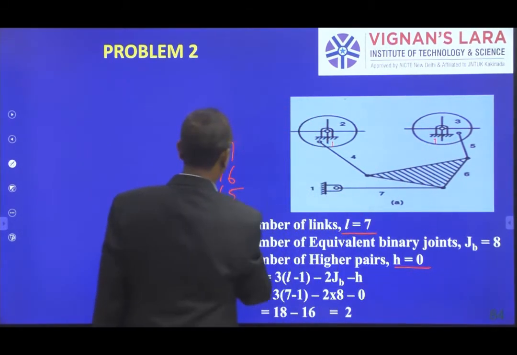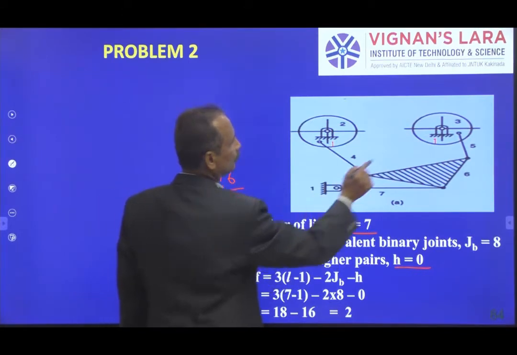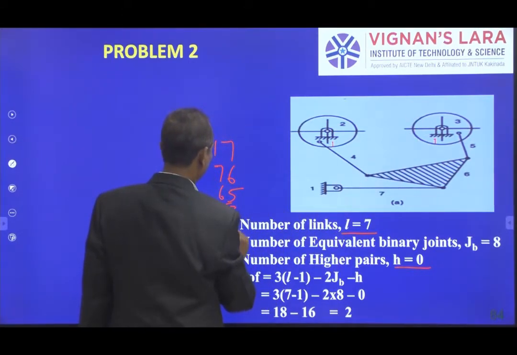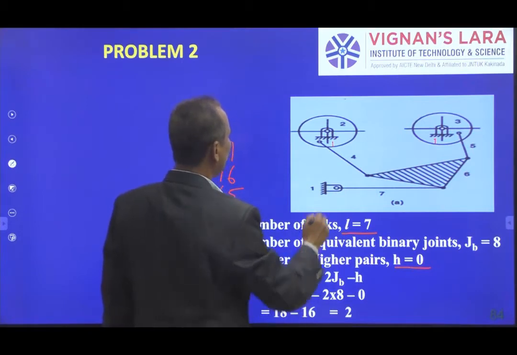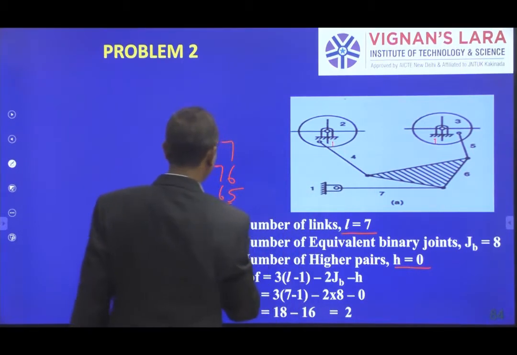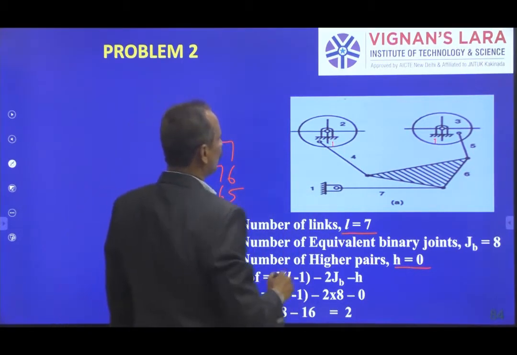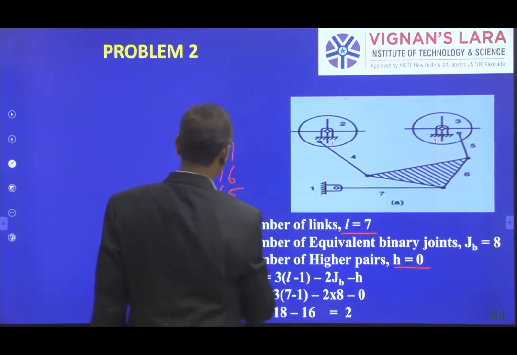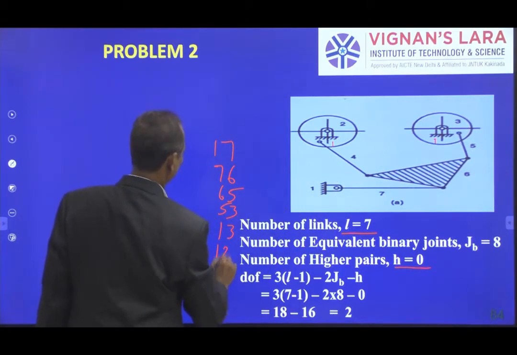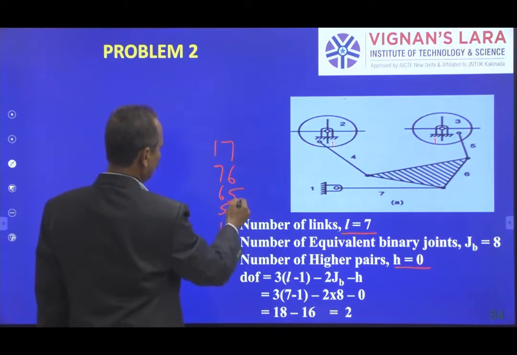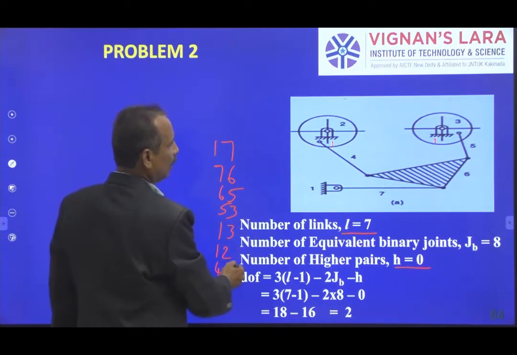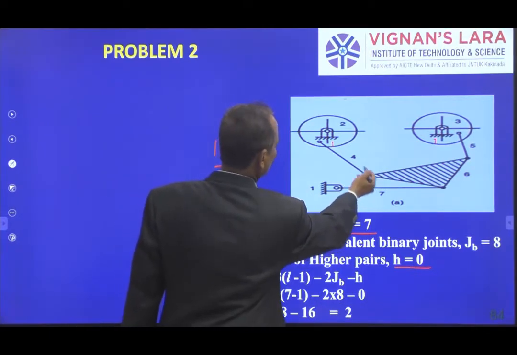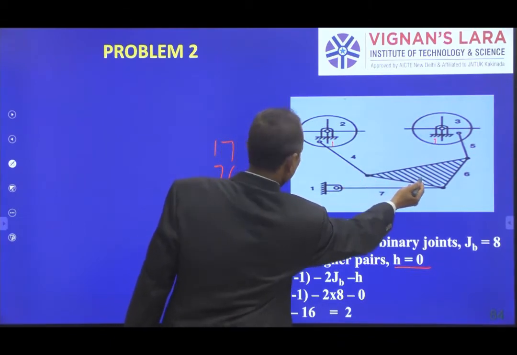Then 5, 3. Then 1, 3. Okay. Then 1, 2. Okay. Then 4, 1. So 1, 2, 3, 4, 5, 6, 7. And finally this is 4, 6.